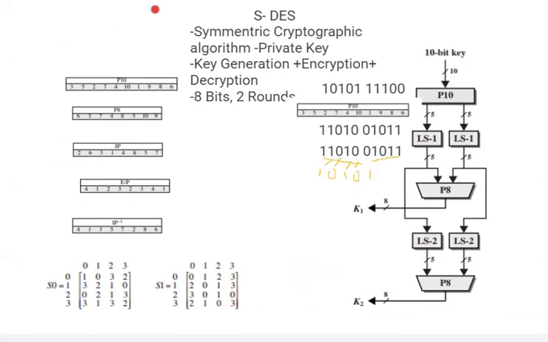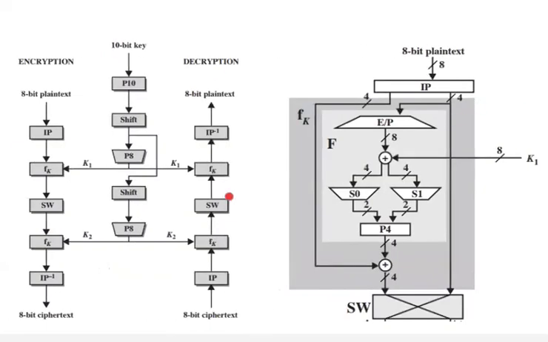Now coming back to the Feistel structure. Initially we input 8 bits of plain text to the algorithm. Then we do the initial permutation. After the initial permutation, you have to break the 8 bits into 4 bits. As you know, 4 bits together is called a nibble. So we will have a left nibble and a right nibble. Looking at the diagram, whatever operations we perform, we perform on the right nibble.